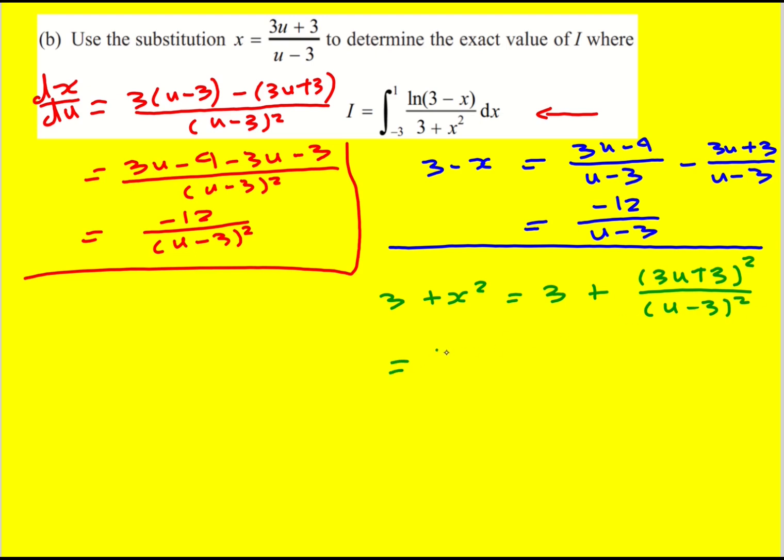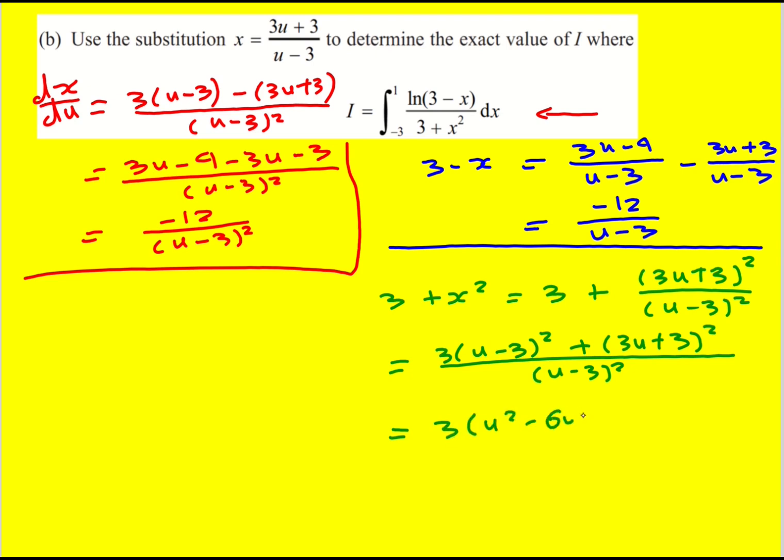Then I'll get 3 lots of u minus 3 all squared plus 3u plus 3 all squared all over u minus 3 squared. We've got to cancel this down now. So 3u squared minus 6u plus 9 plus 9u squared. And then I'll get plus 9u plus another 9u, so 18u plus 9.